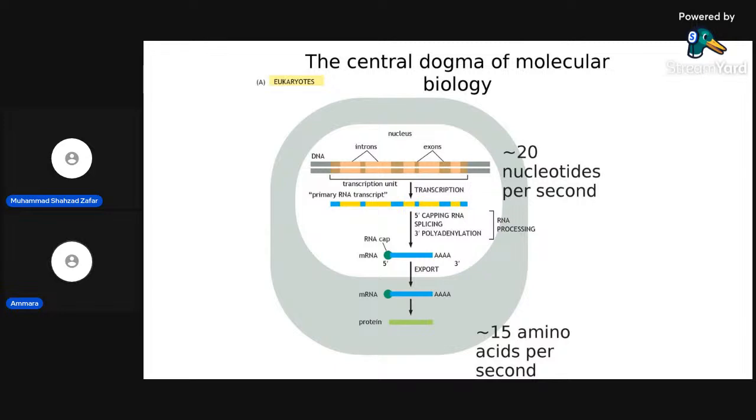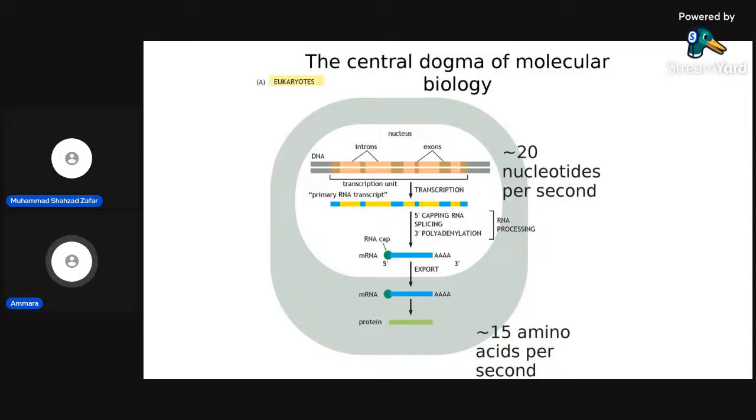Although these two topics are interconnected, they are different. In next generation sequencing, basically we study the sequence of DNA. So what DNA is and what the structure of DNA is, we are going to study in central dogma.